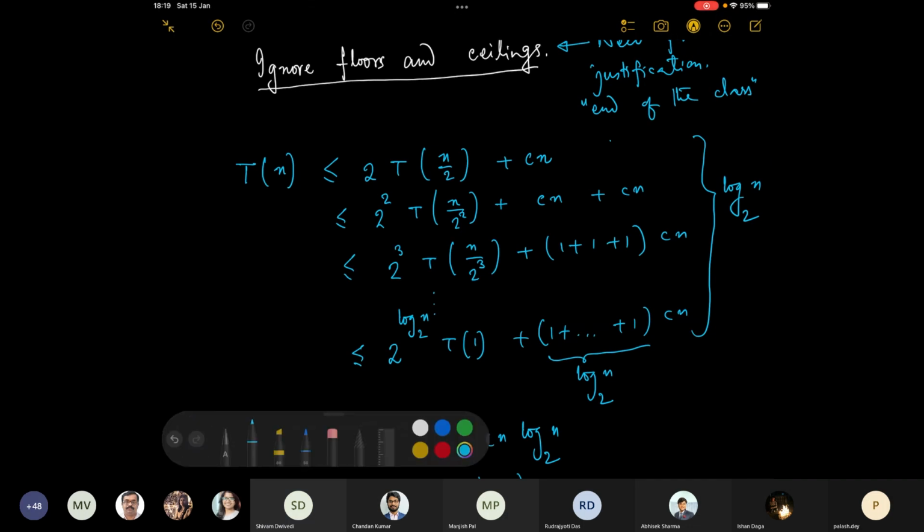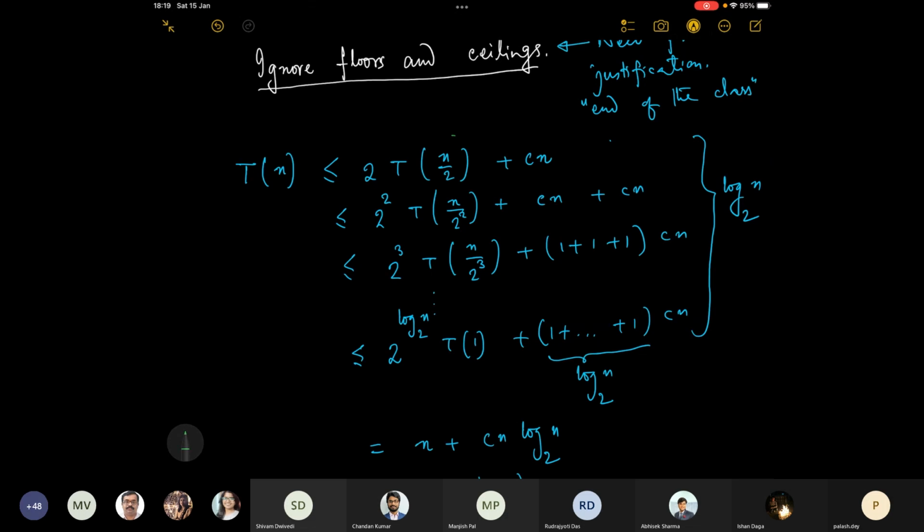This n is getting halved after each step. For example, if n is 64, after how many steps will you hit 1? Like 6, log 64 base 2. Yes, that's why log n base 2. Okay, got it, thank you.